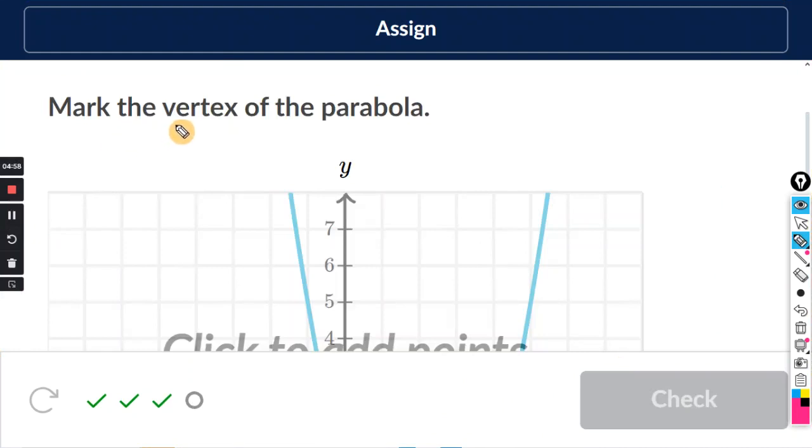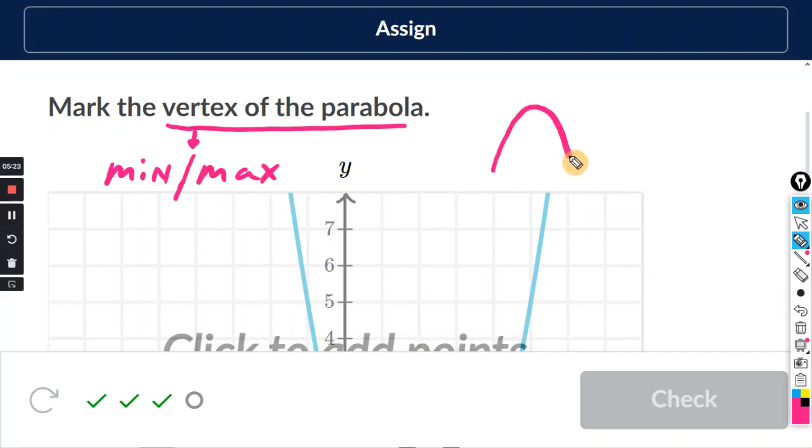Here they want us to mark the vertex of the parabola. The vertex is basically just going to be the minimum or the maximum. So basically, if you had a parabola like this, the vertex would be the maximum.